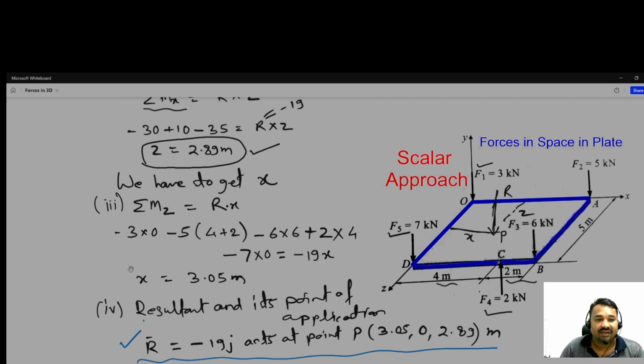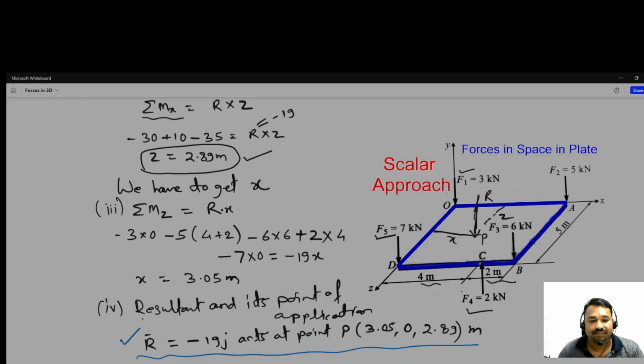So in this way we have done it, and we can compare how more computations are involved.